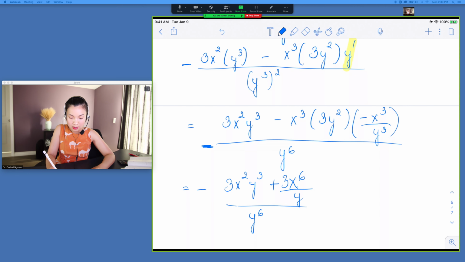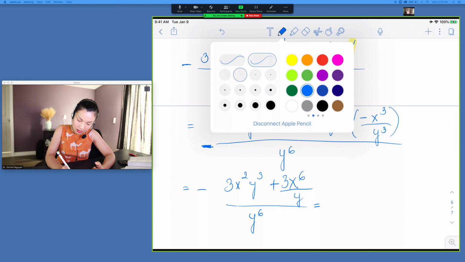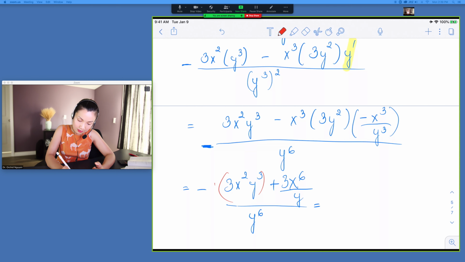Okay, if I multiply y and get the LCD, so I'm going to multiply this one right here to get the LCD.